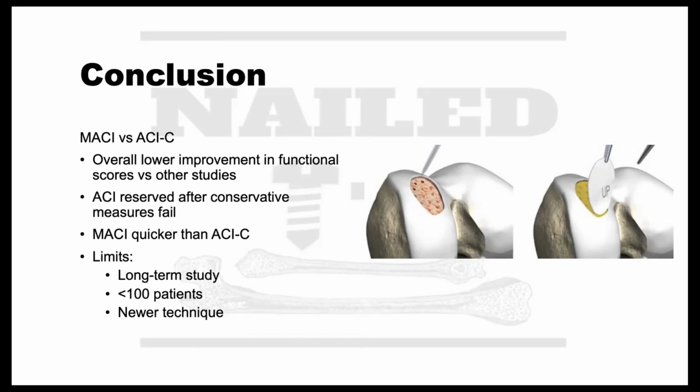Even though we looked at MRI and second look arthroscopy for the last paper, it was good to see that they actually looked at the amount of fibrocartilage and the amount of hyaline cartilage that they were finding with their longer term studies. And ultimately, a lot of this depends on your resources from your hospital, and a lot of it depends on discussions with your patients. But ultimately, I think these are both good options.